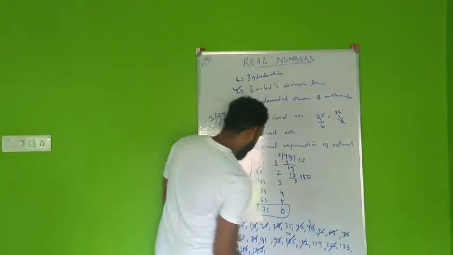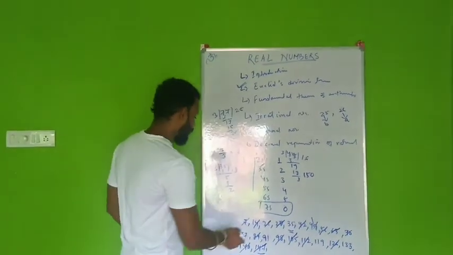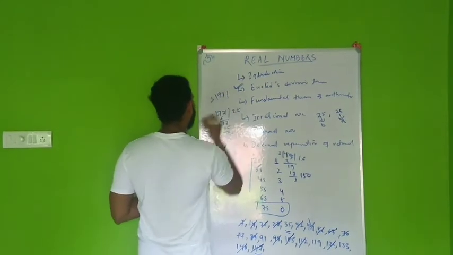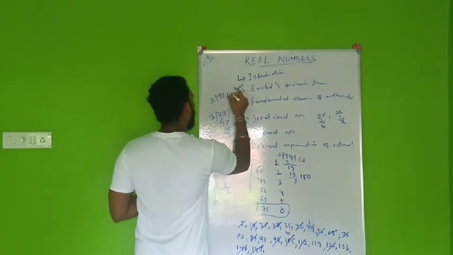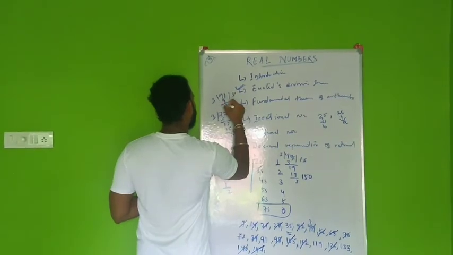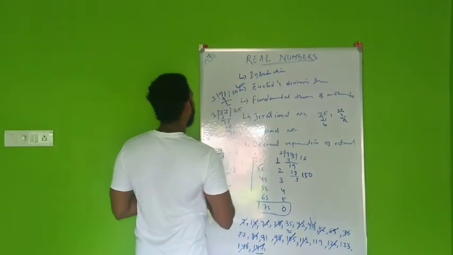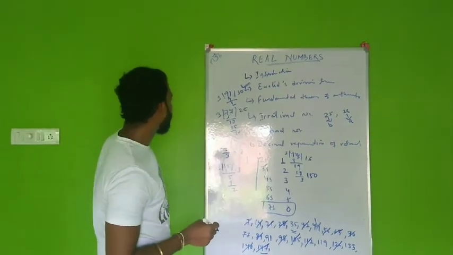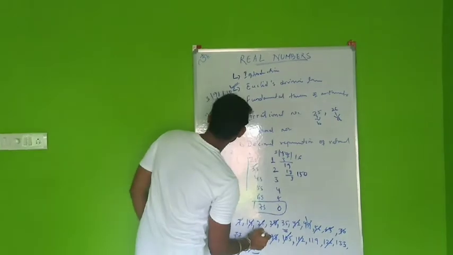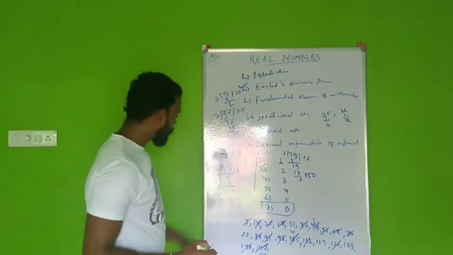So it may be a possibility. Likewise, 91 divided by 3 leaves the remainder 1, so 91 is not a possible term.